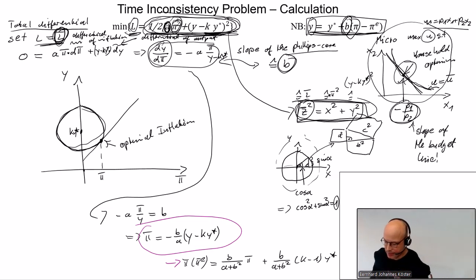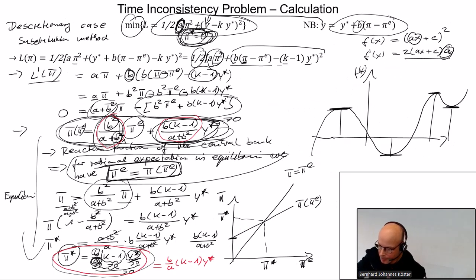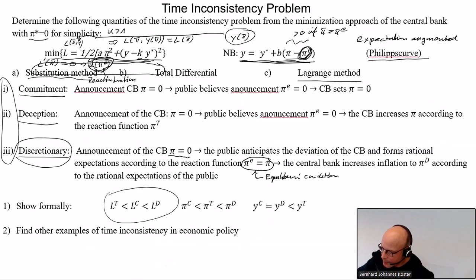Yeah, and now we go to the problem. Where do I have it? Here. Where is my reaction function? Because until now we have only talked about these discretionary solutions.